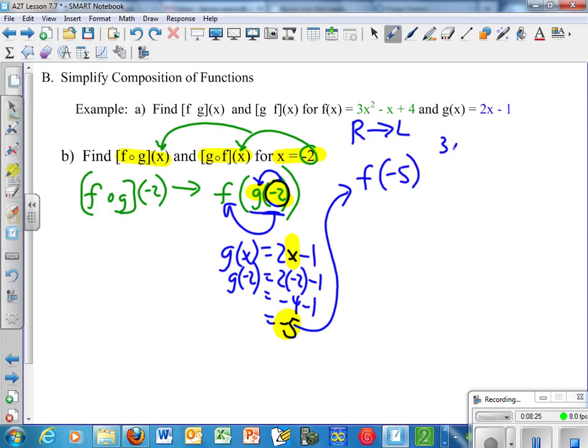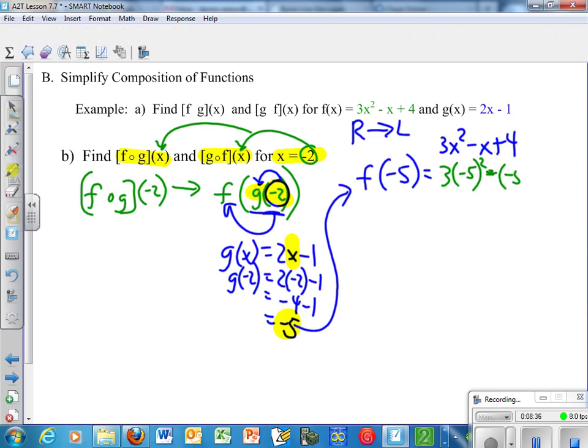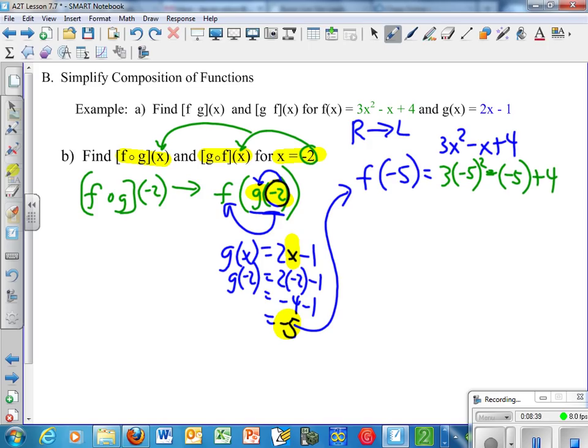Well, f of x is 3x squared minus x plus 4. So if I do this, I'm finding f of negative 5. Now I put negative 5 in here, there, and there. So I'm putting it in for x in these spots right here.